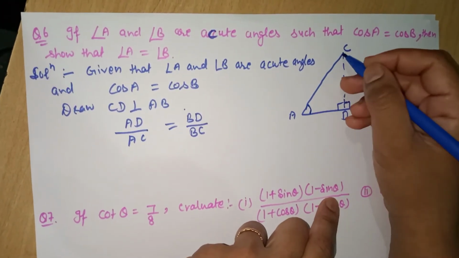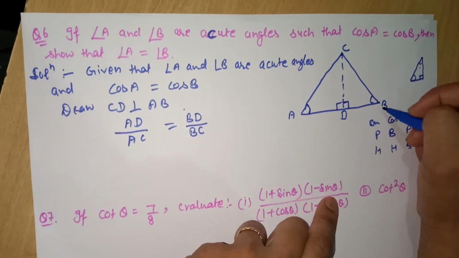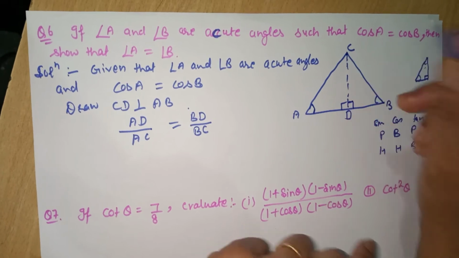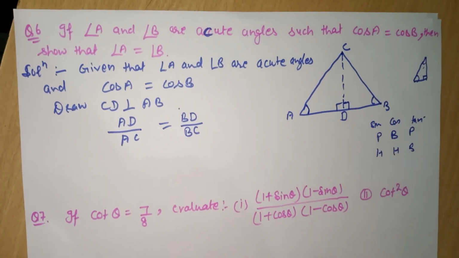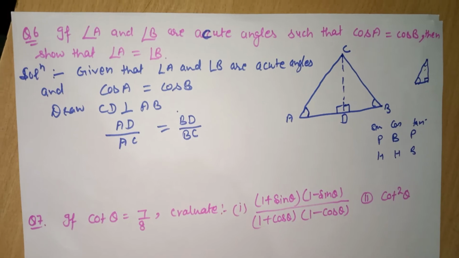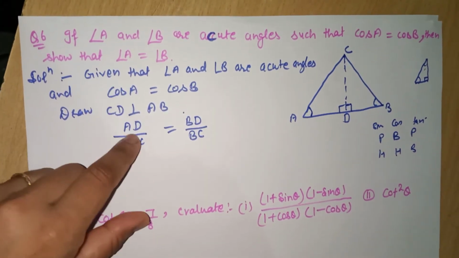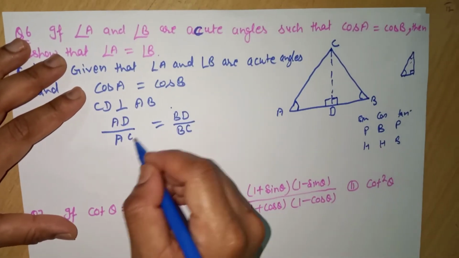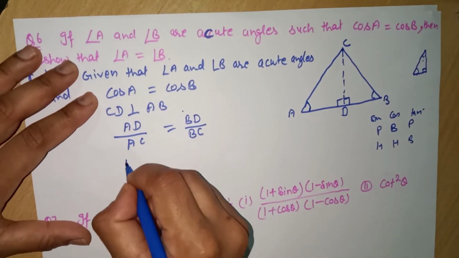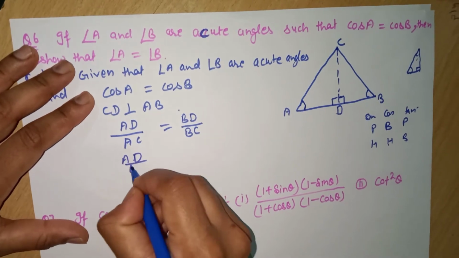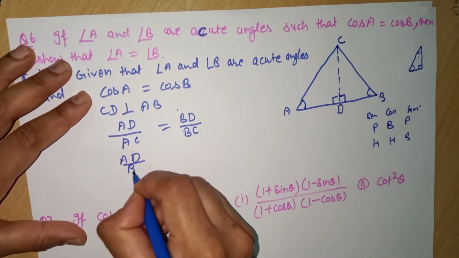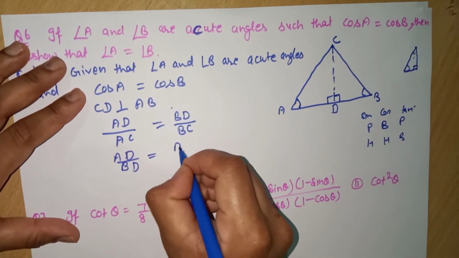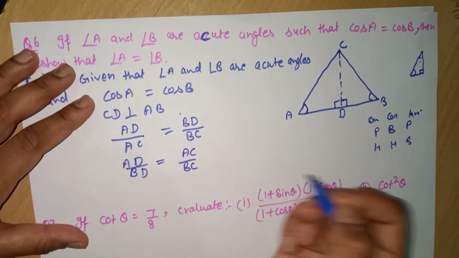To prove that angle A is equal to angle B, we have to prove that both these triangles ACD and BCD are similar. To prove this, we will use the similarity criterion. That's why we have taken the values of cos A and cos B. Now if I rearrange this, let's change the value BD here in place of AC and take it to the other side, AC upon BC.